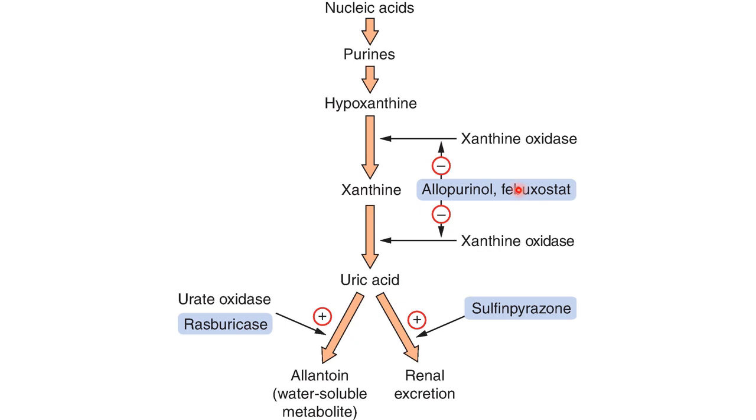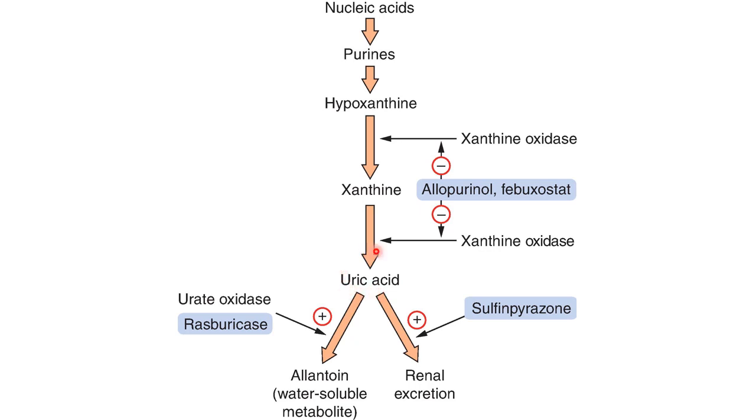So they inhibit xanthine oxidase, which prevents the conversion of hypoxanthine into xanthine and xanthine into uric acid. Uric acid will then be converted into allantoin in mammals and in other life forms except humans. So this portion of the pathway here is absent in humans because we do not express urate oxidase.